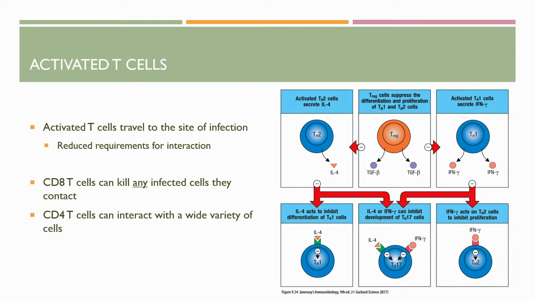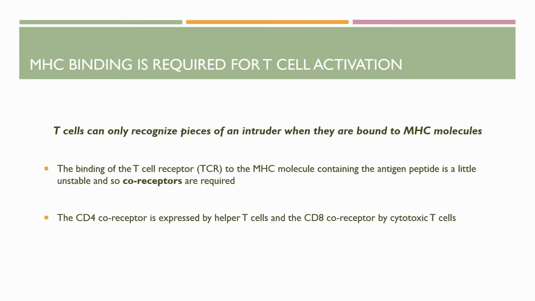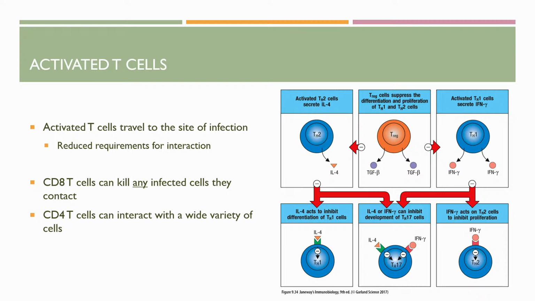CD4 T cells act a little more specifically in that they can interact with a wide variety of cells. So keep in mind that T cells can only recognize a piece of the foreign antigen when it's bound to MHC molecules, and those MHC molecules bind the CD4 or the CD8 co-receptor on the T cell.